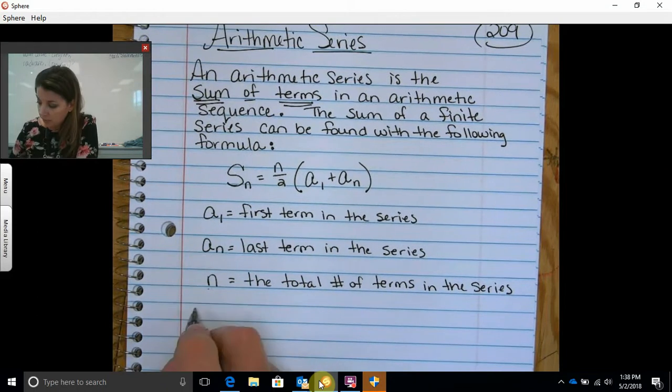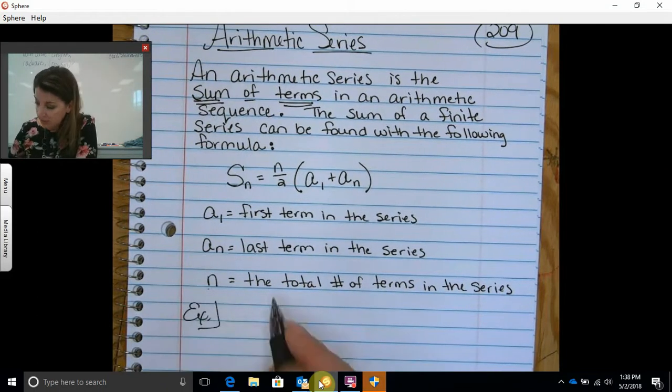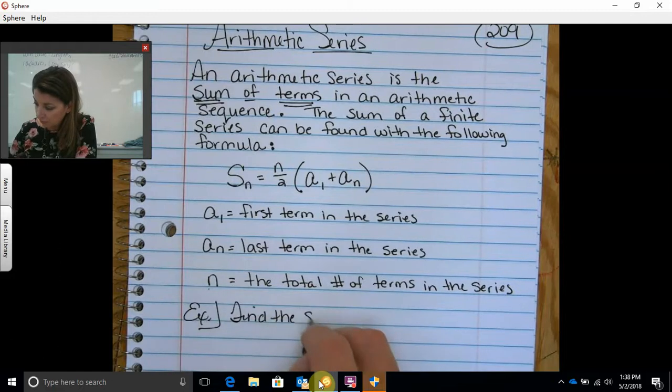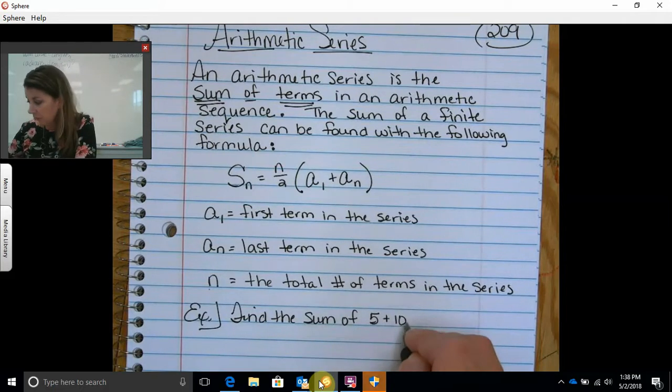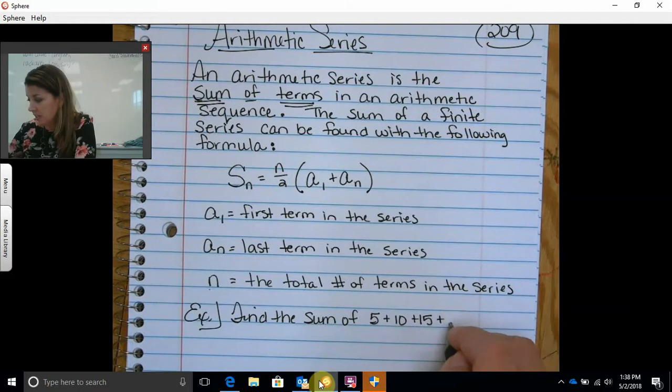All right, so example. Find the sum of 5 plus 10 plus 15 plus ... 150.